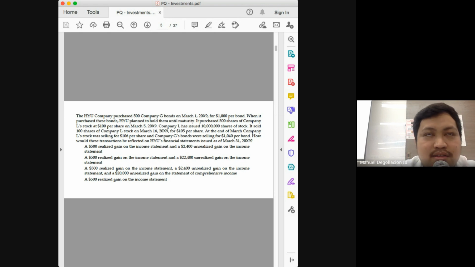But are we going to recognize the increase as a change in our investment and as a source of income? The answer is no, because the bond is not accounted for using the fair value model. What are we going to use here? We are going to use the amortized cost.